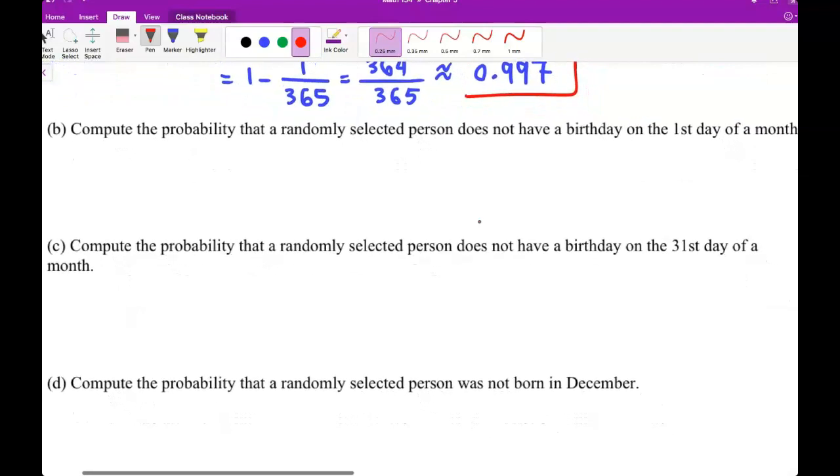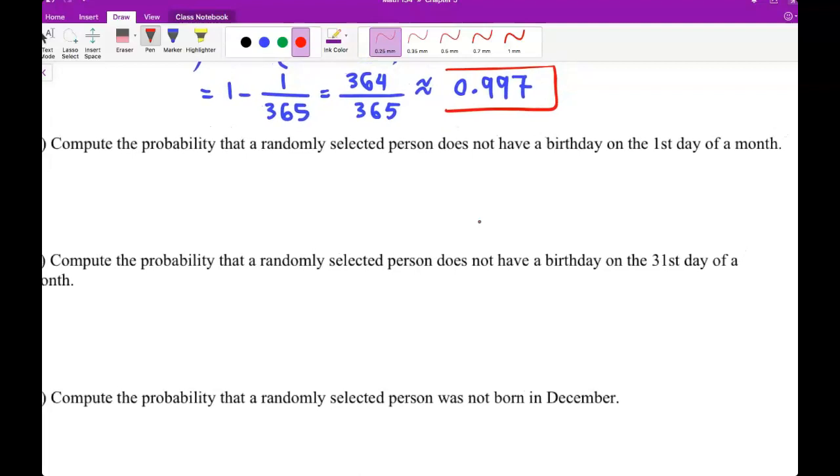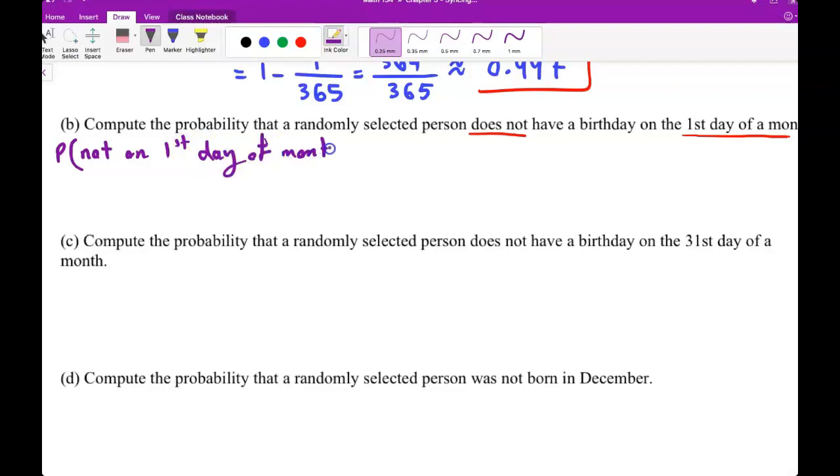Part B, compute the probability that the randomly selected person doesn't have a birthday on the first day of a month. Here again, does not. Probability of not on the first day. Again, we have "does not", so subtract from 1.